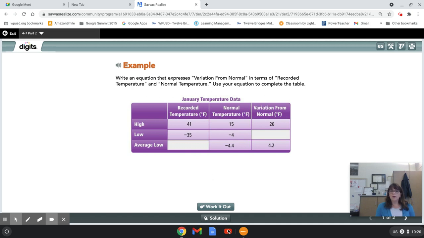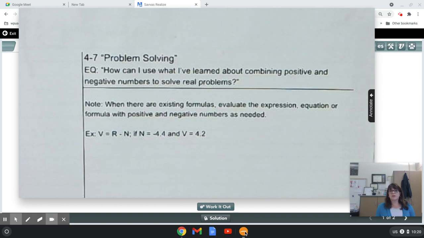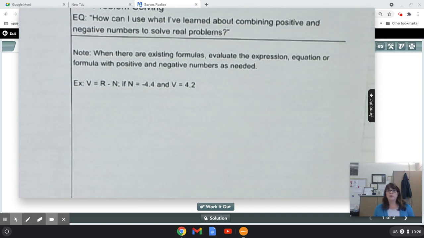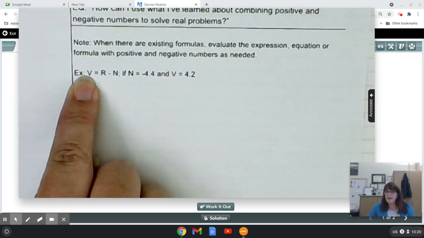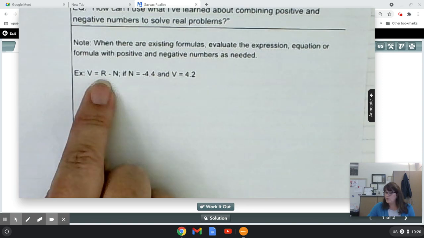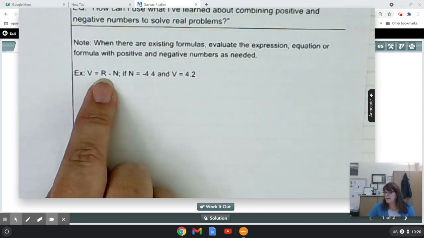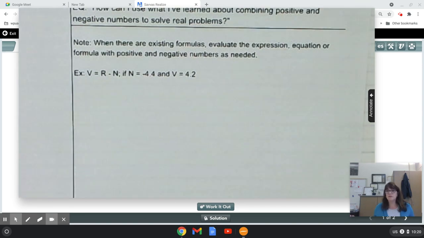So when I wrote the equation, you'll notice variation equals recorded minus normal. That's all I'm doing. All right.